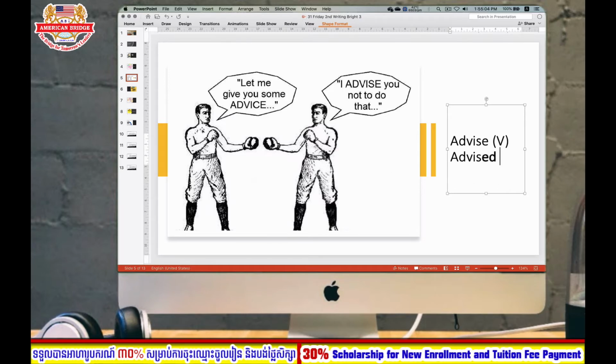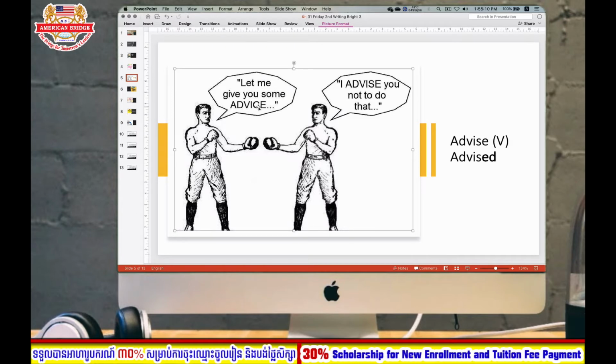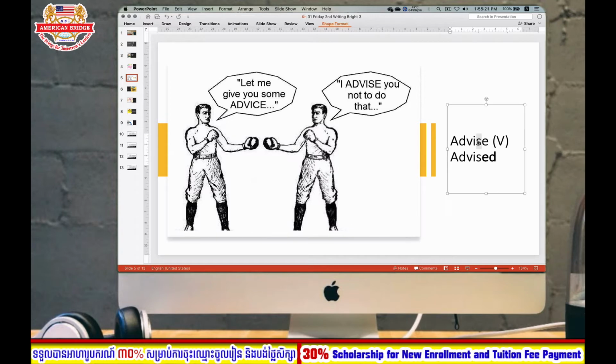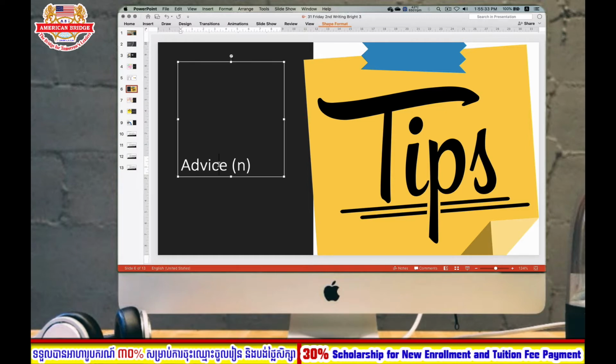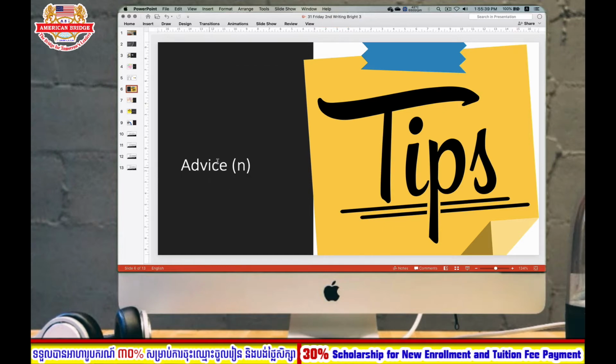Okay, so look at the example. Let me give you some advice. So advice here, they use the letter C, which functions as a noun. But I advise you not to do that. It functions as a verb. And for the word that functions as a verb, they use the letter S. But for advice, which is the tip or something that you tell somebody to do, we call advice, but it uses letter C instead of letter S. So if you see this word written in this way, it is a noun.